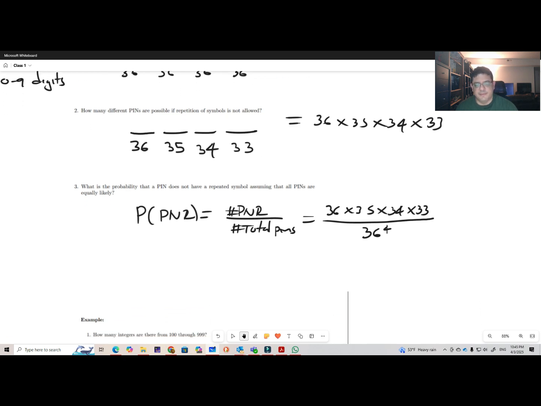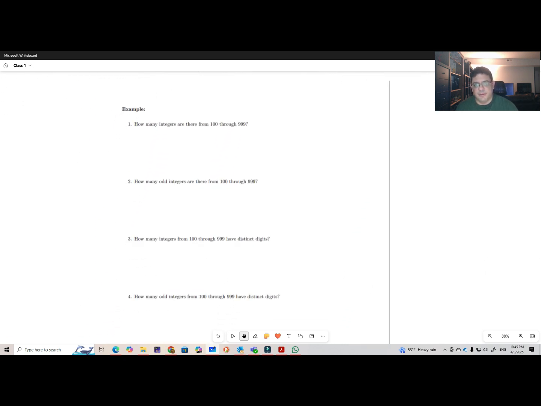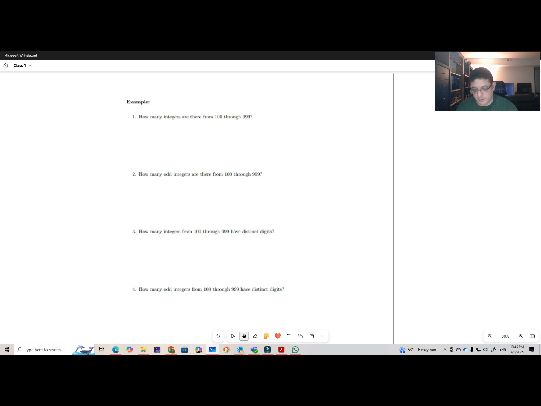Now, once we have this, then we can make some other type of calculation. So we can address some of the examples that we were seeing before from the point of view of the pins. So for example, how many integers are there from 100 to 999? If you remember from the class, that is 999 minus 100 plus 1.